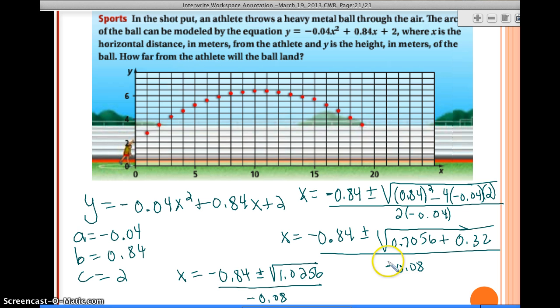So now I'm coming up with 2 answers here. Let's write these 2 answers. Number 1, let's do negative 0.84 plus the square root of this divided by that.